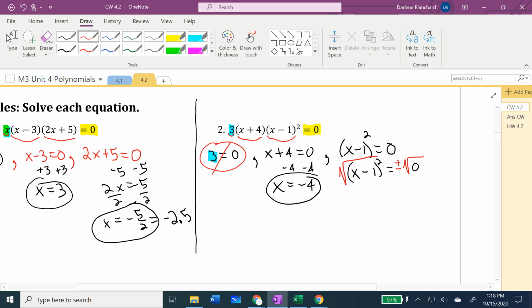But what is the square root of 0? And then what's the difference between positive 0 and negative 0? Basically, that's the one time when you're square rooting where the plus or minus just gets discarded.